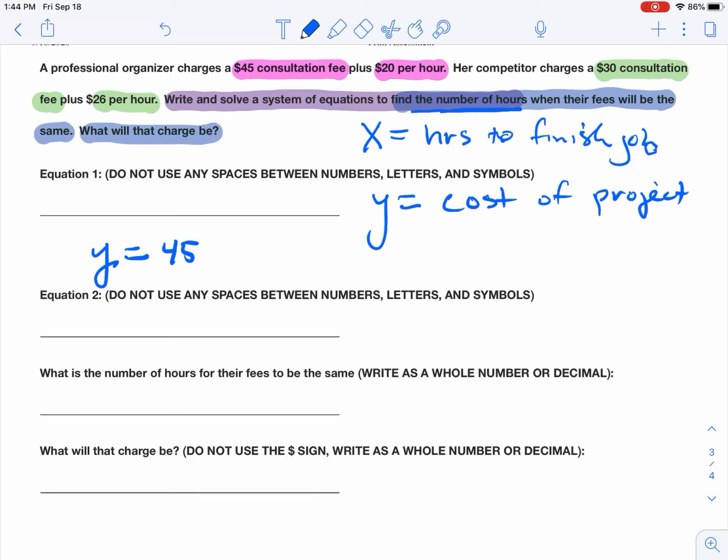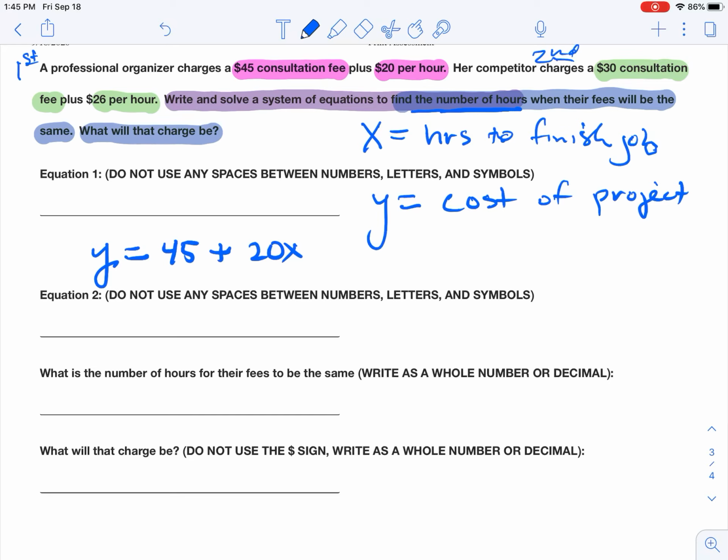Y is the total cost, and I know that it's $45 plus $20 per hour times the number of hours, which is 20x, and I'm going to leave it there. That is the first equation. The second one is here.